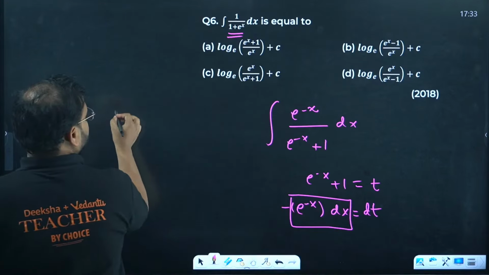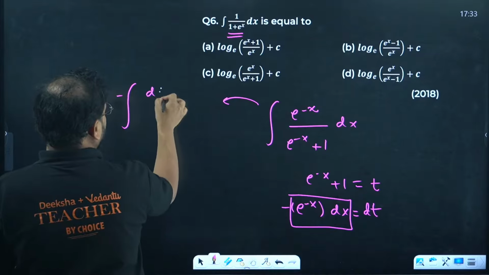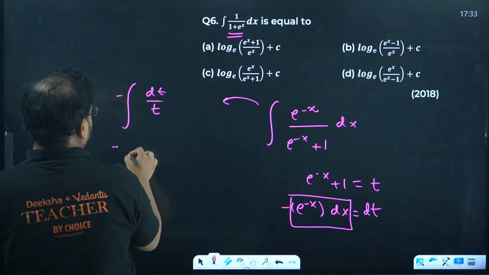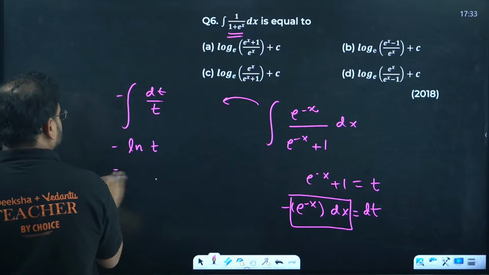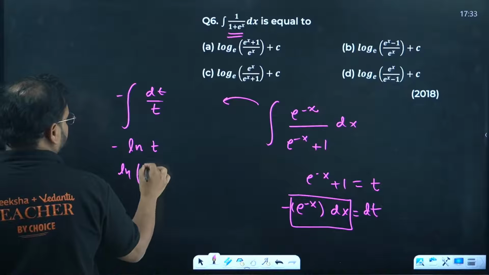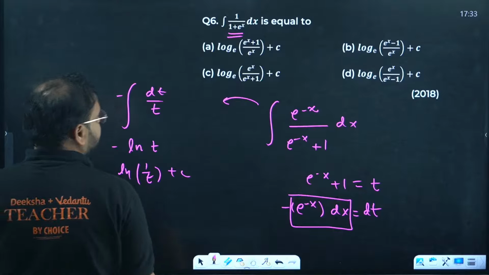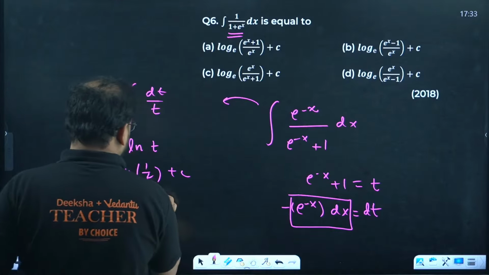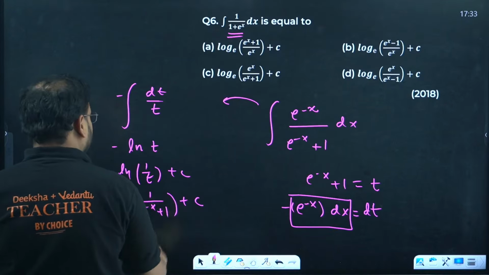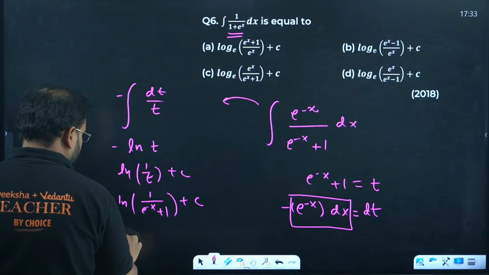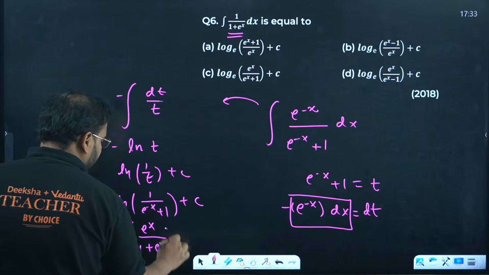So this question will transform into minus of dt upon t, right? So minus of ln t, which is basically ln of 1 by t plus c. Put the value there: ln of 1 by t, so 1 upon e power minus x plus 1, plus c. Take LCM, basically multiply this whole thing with e power x. You'll have e power x over here, you'll have 1 and you'll have again e power x, plus c.